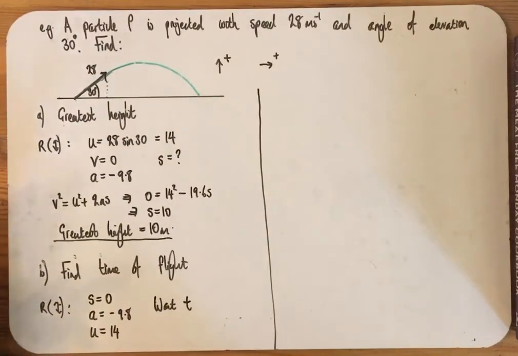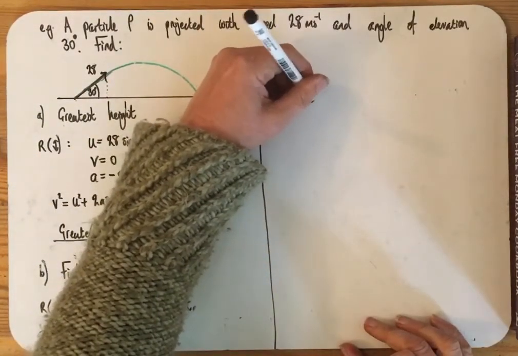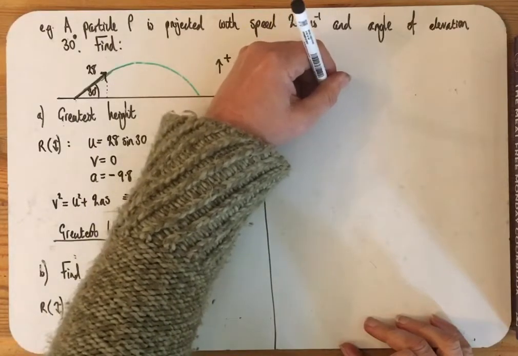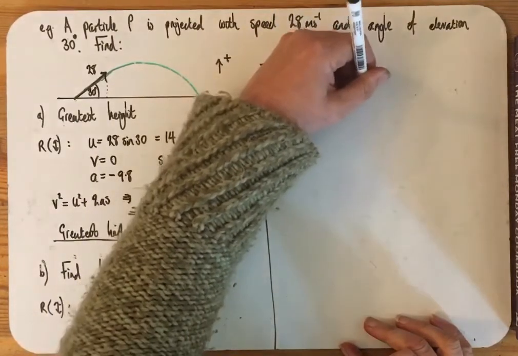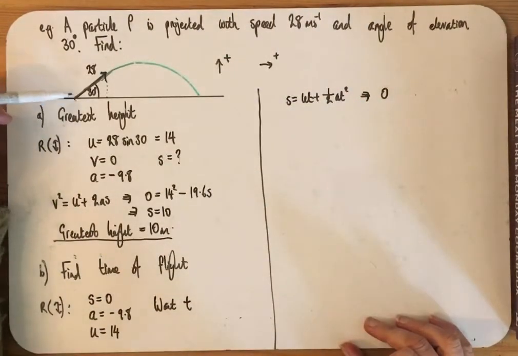So you can delve into that if you want to, but I'd probably go with this for this one. So we need to use s equals ut plus a half at squared. So displacement vertically is 0 because it's just going up and down and finishing where it started.